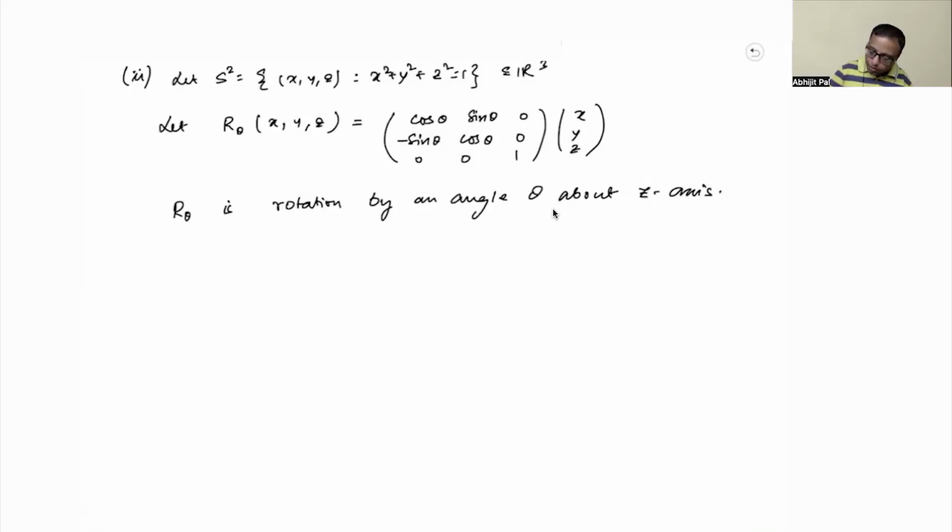Okay, so now how to find the differential of this map? So dR theta at the point (x, y, z), evaluated at a tangent vector, let us call it alpha prime 0.